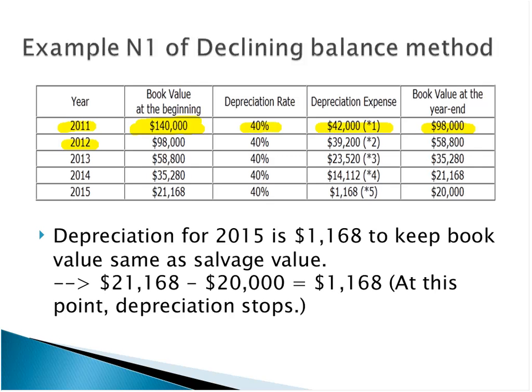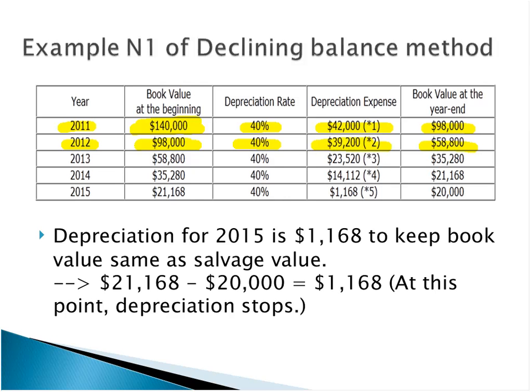You have taken the 98,000 book value, multiply by the 40%, you will get 39,200 USD of depreciation cost. So to find the book value at the end of 2012, you have to take your book value at the beginning of the year, which is 98,000, minus your depreciation cost, which is 39,200. You will get the book value at the end of the year, which would be equal to 58,800.